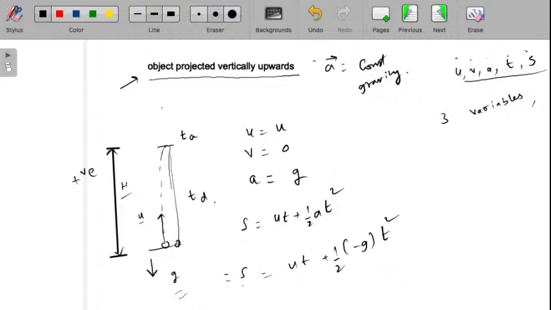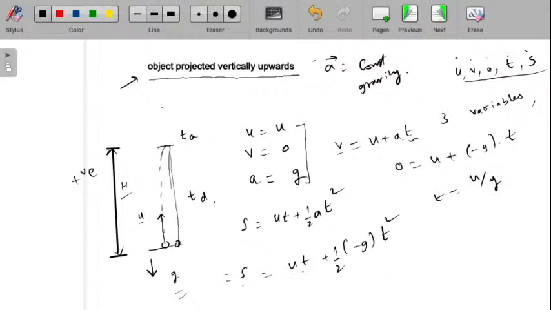What is the value of t? I want to find t. Using another equation, v equals u plus at, I know v is 0, u is u, a is minus g, so I get the value of t as u by g.